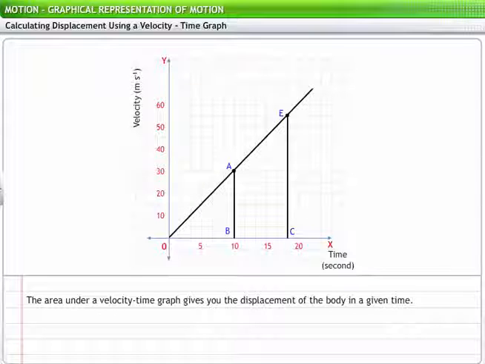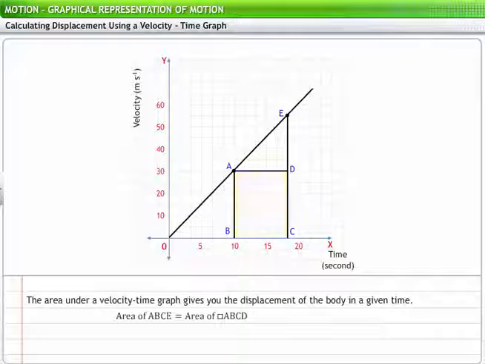From point A, draw a line parallel to the x-axis to intersect the line CE at D. The area under the velocity-time graph between points A and E is the sum of the areas of the rectangle ABCD and the triangle ADE. Hence, the displacement is S = AB multiplied by BC plus half of AD multiplied by DE.